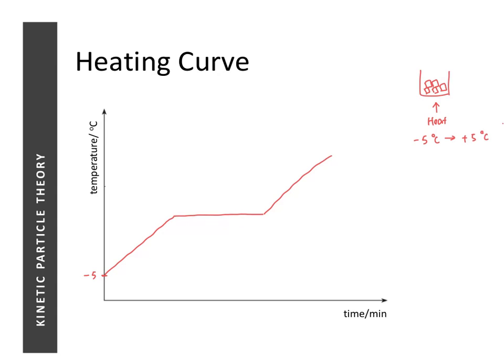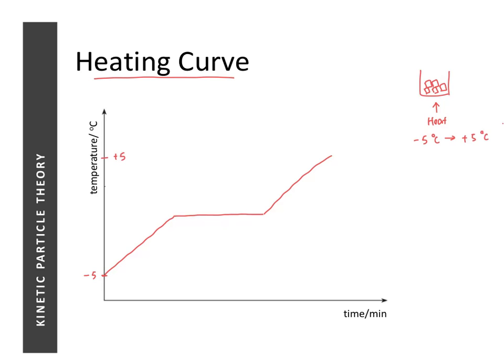So this is the graph that we will get if we heat a sample of ice from -5 to +5 degrees Celsius. The graph that we get is called a heating curve, because this curve is obtained by heating a substance. Now there are three very important points to remember about a heating curve.